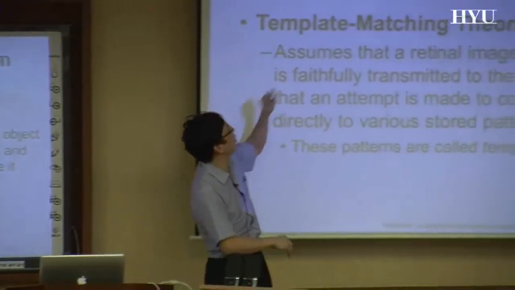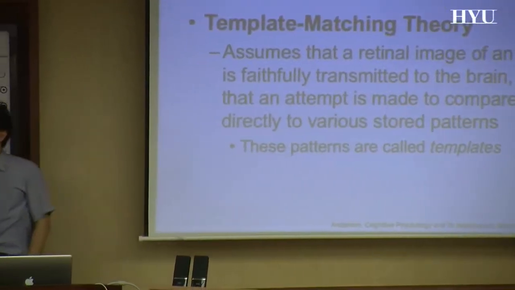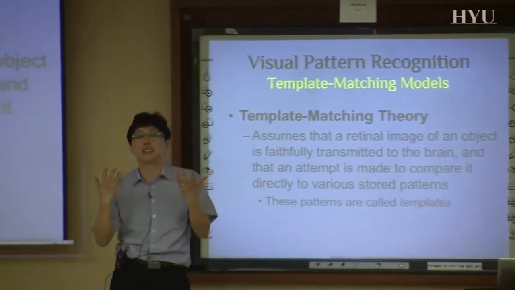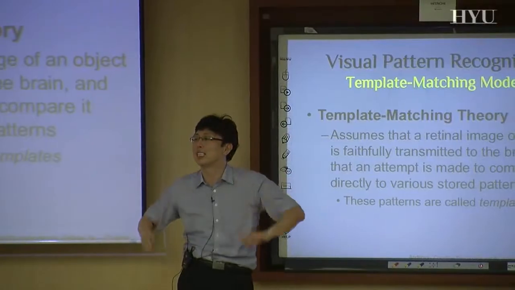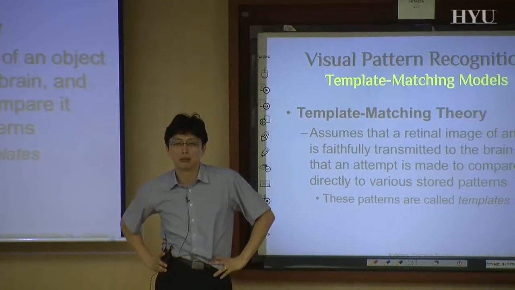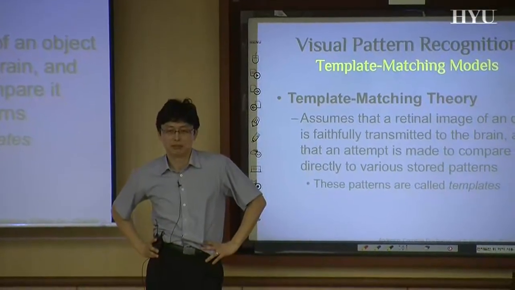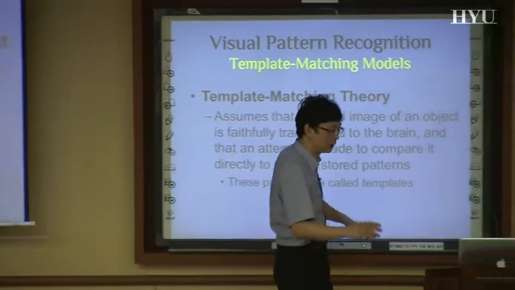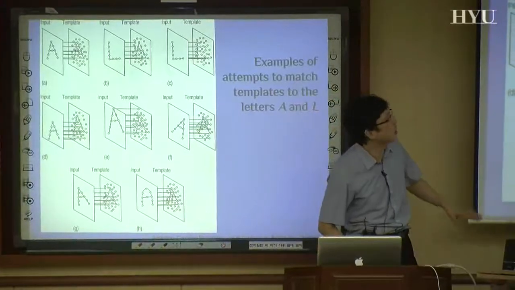That's why one of the theories is the template matching theory, which means we don't know exactly, but maybe our brain has heaps of templates to match. So we start from an example.